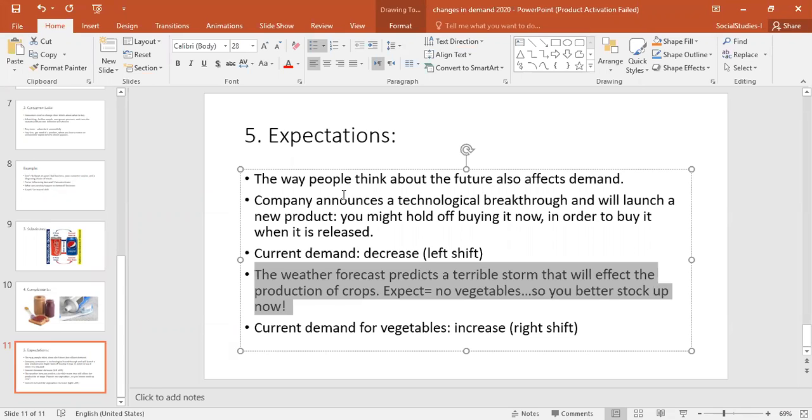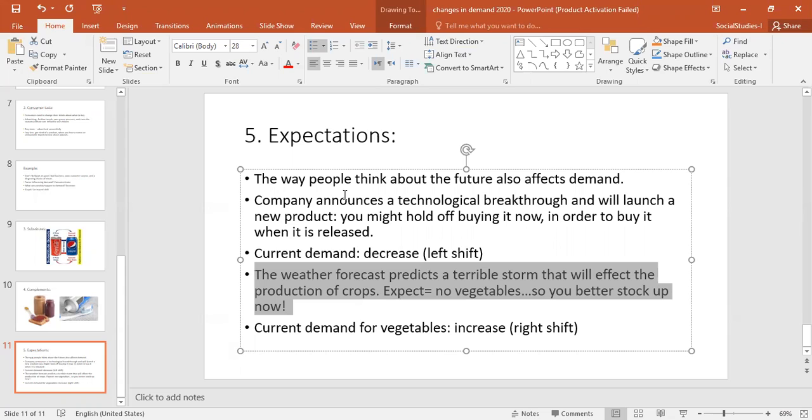Or, I'm expecting to give birth, so now I'm going to save my money and hold off purchasing this new outfit that I wanted. Again, my demand now is going to decrease. Anything related to weather: hurricanes are expected to happen, and people go and buy all the toilet paper in the world.